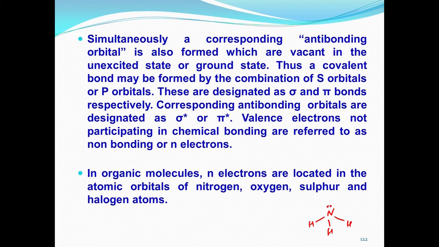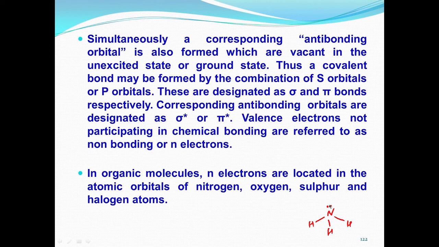But if I form an ammonium ion, these 2 electrons also will be involved in bonding. So, these 2 electrons on the nitrogen are known as non-bonding electrons.